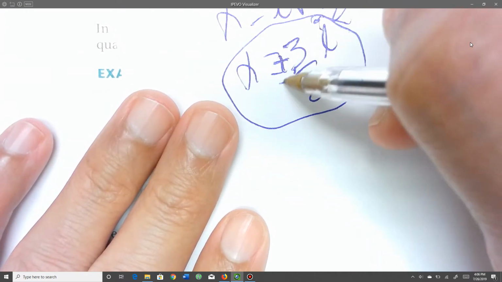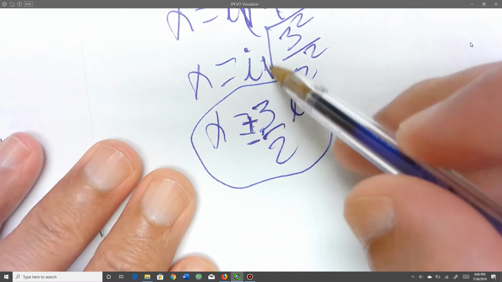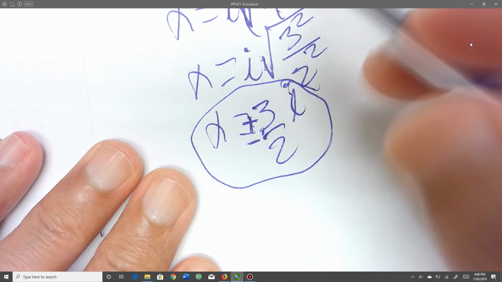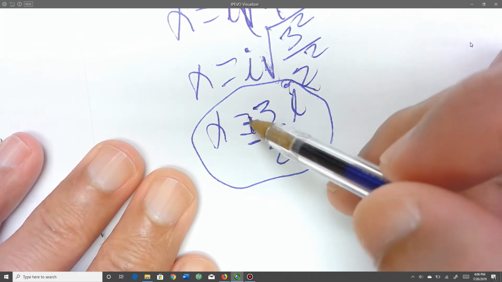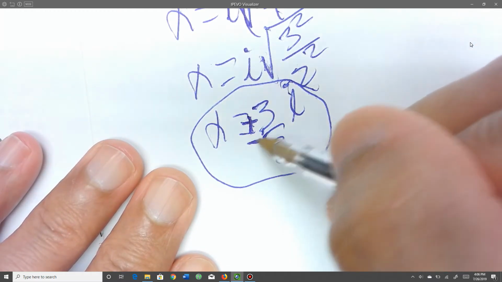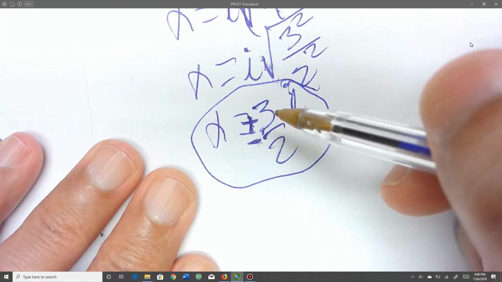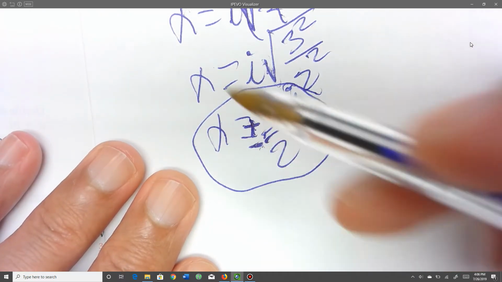Okay, so in this case, when you're solving, remember that before we only used the positive values for square roots. Well, when you're solving, you really need 2 answers, because you don't know which answer is going to be the solution for the equation.